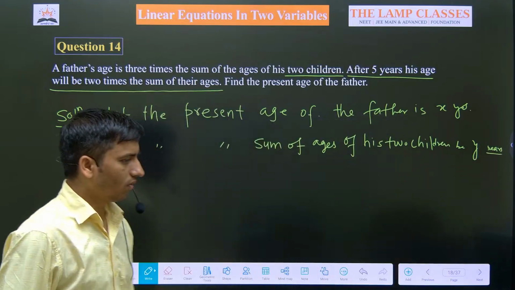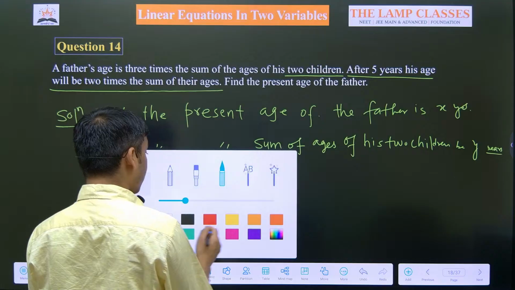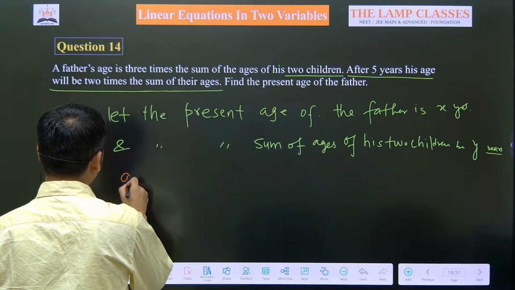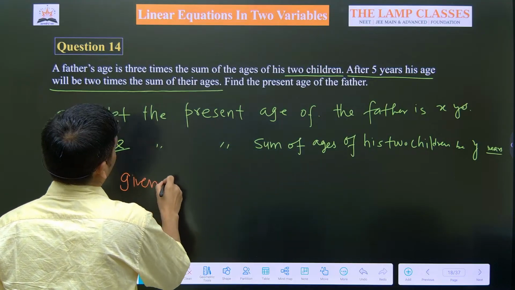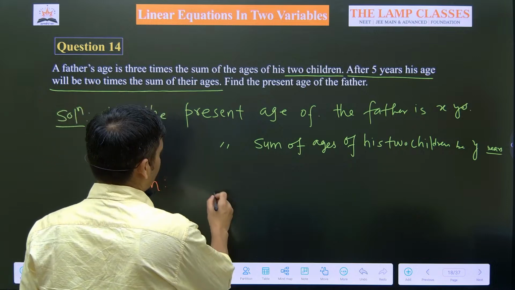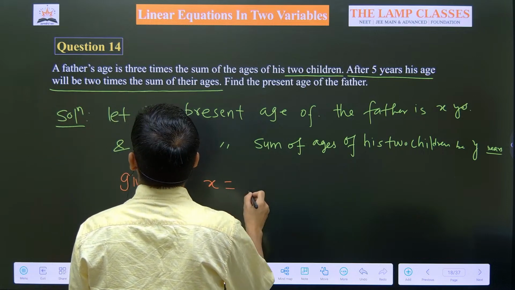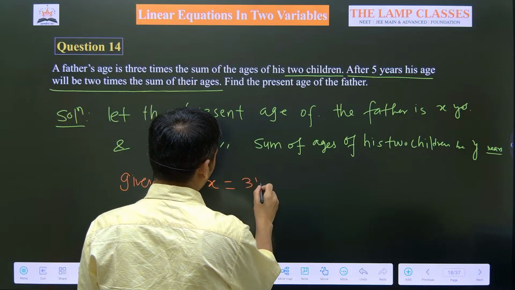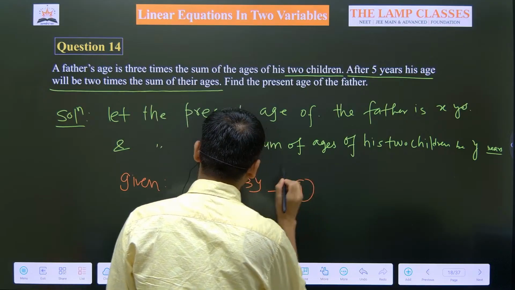Right? Now let's frame the equation based on the given condition. So what have they given? x is equal to 3 times y. That's the first equation.